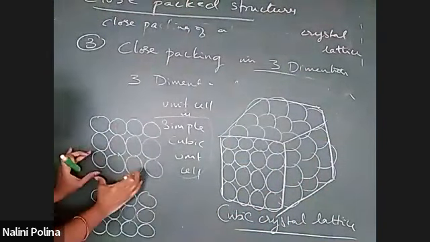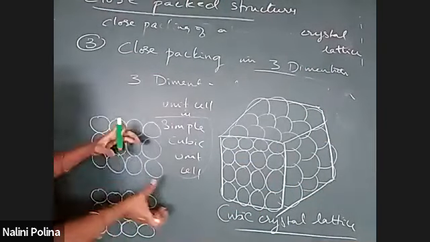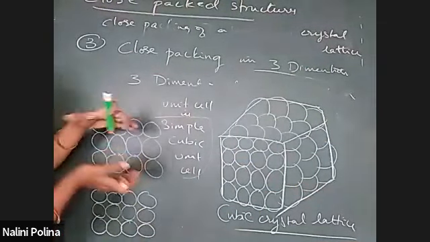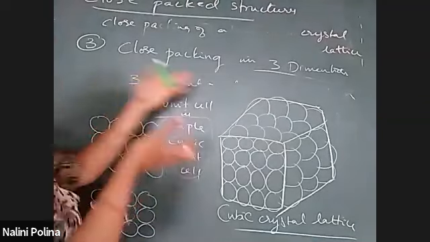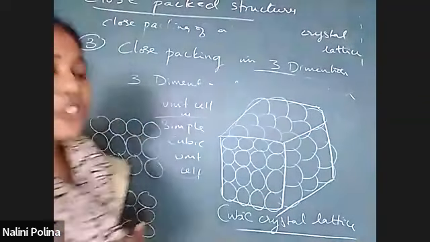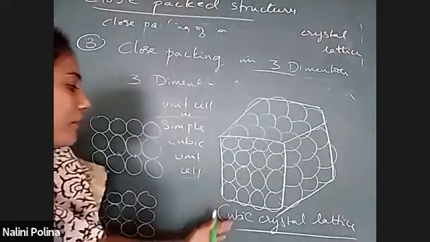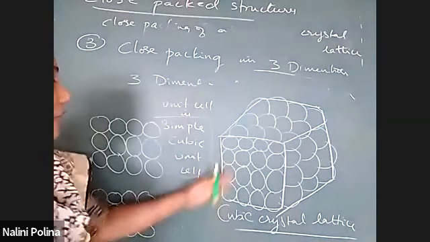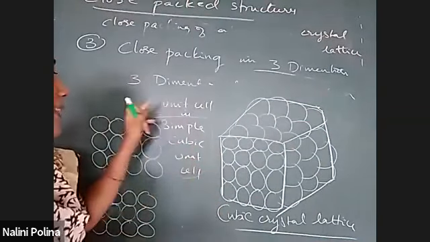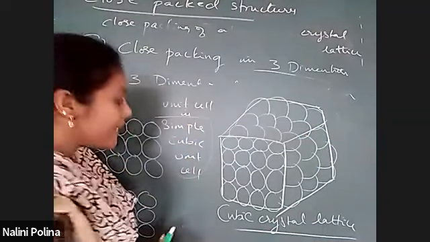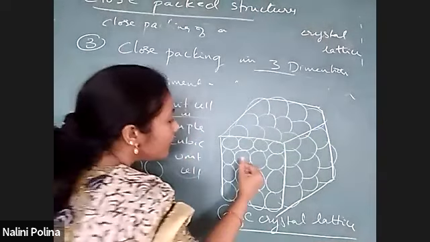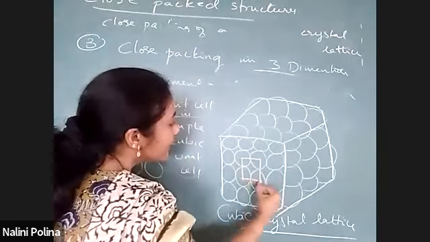Take square close packing in 2-dimensions, and just keep adding layer on layer, and I would get something like this in a 3-dimensional view. And this is what we call a cubic crystal lattice, where the unit cell is a simple cubic unit cell. You will have a simple cubic unit cell, something like this.